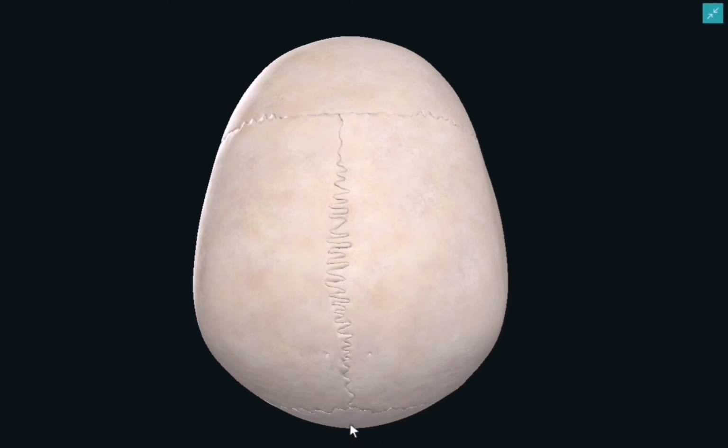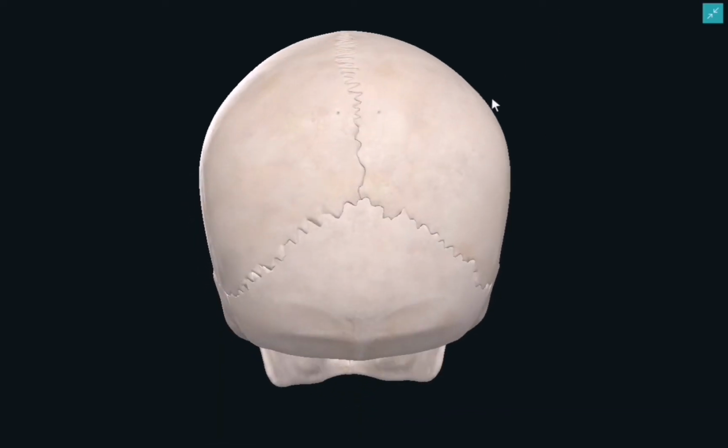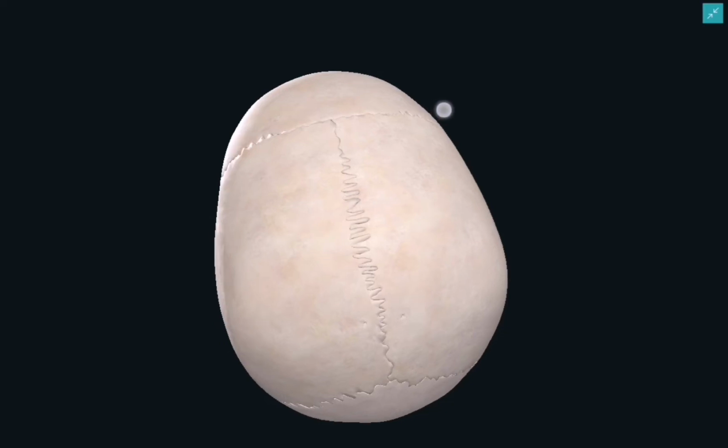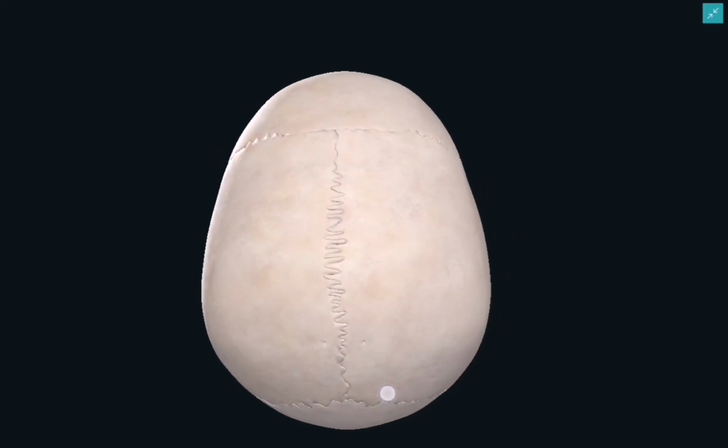We can also see a small part of the occipital bone, the squamous part. So we have the frontal bone, two parietal bones, and a small part of the squamous part of the occipital bone.